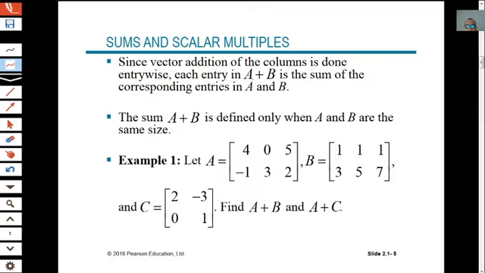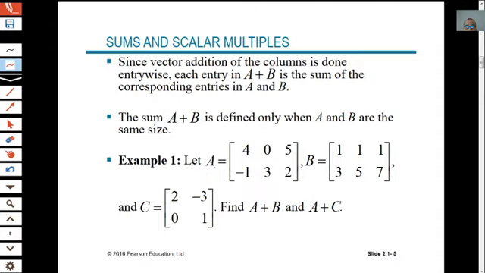Therefore, the sum of these matrices is defined only when A and B are the same size. We have to have matrices whose sizes are the same.